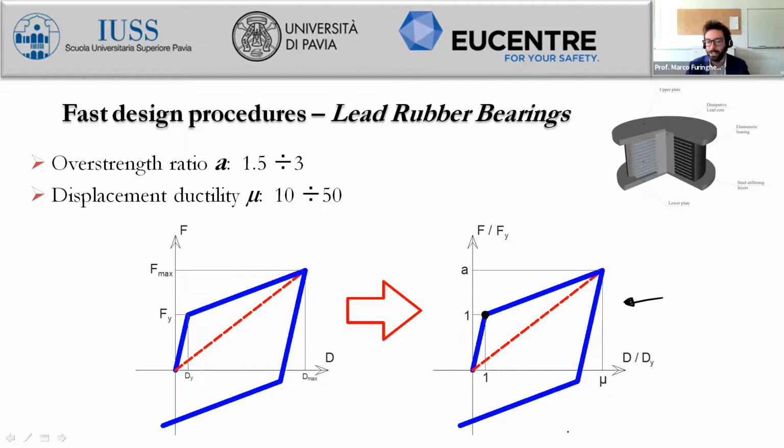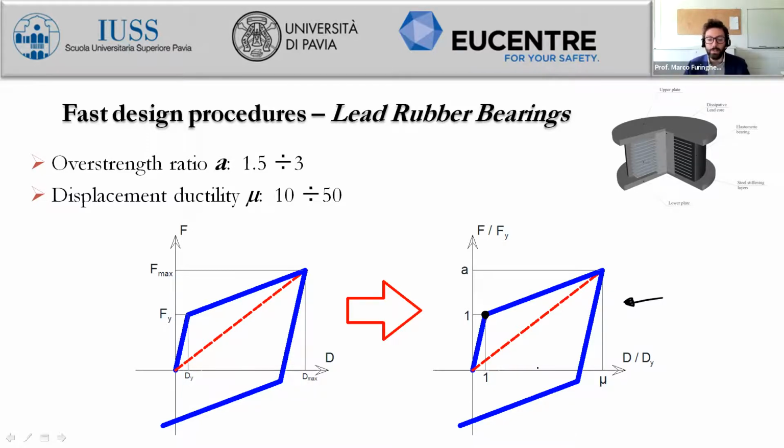We can consider it an overstrength because it is the increase in the strength of the isolator induced by the rubber compound, because we know that the post-yield stiffness is directly related to the rubber behavior, whereas the yielding force is directly related to the yielding behavior of the lead core.